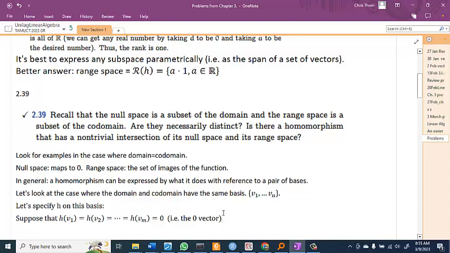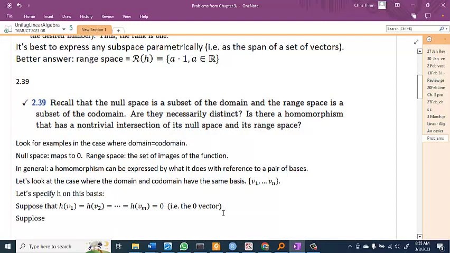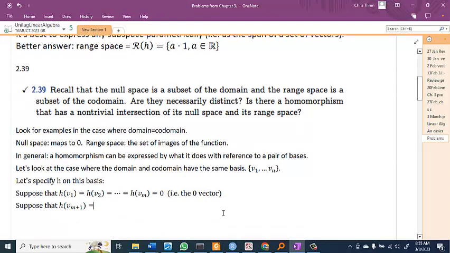And then let's suppose also that h of v of m plus 1 maps to v1, and h of v of m plus 2 maps to v2, and so on.